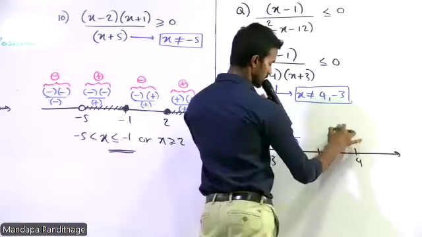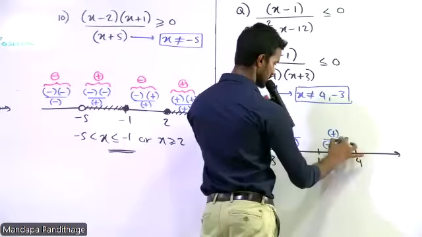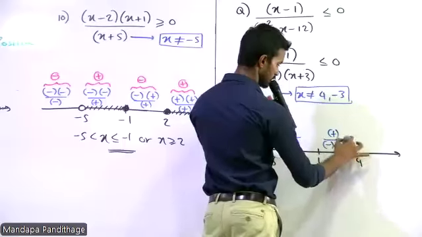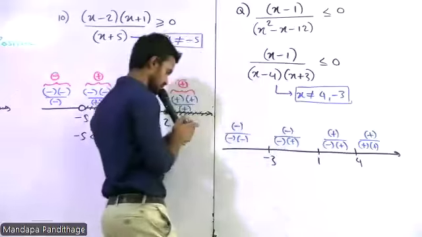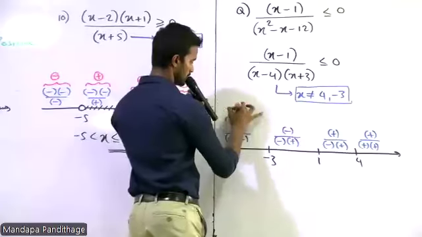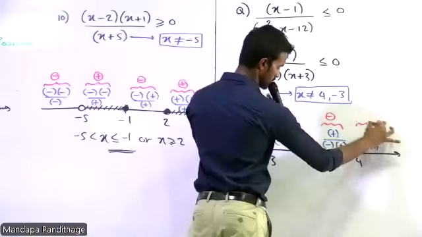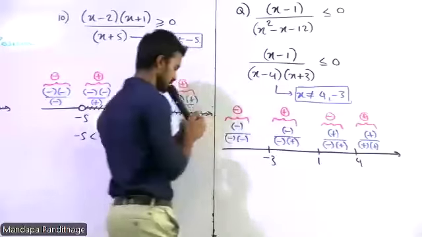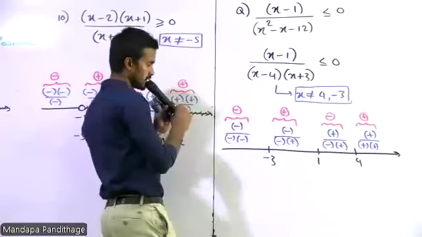After this one, this becomes plus, minus, and plus. And after 4, all becomes plus. So this is minus, plus, minus, and plus. What I require here is to find the region that is negative.